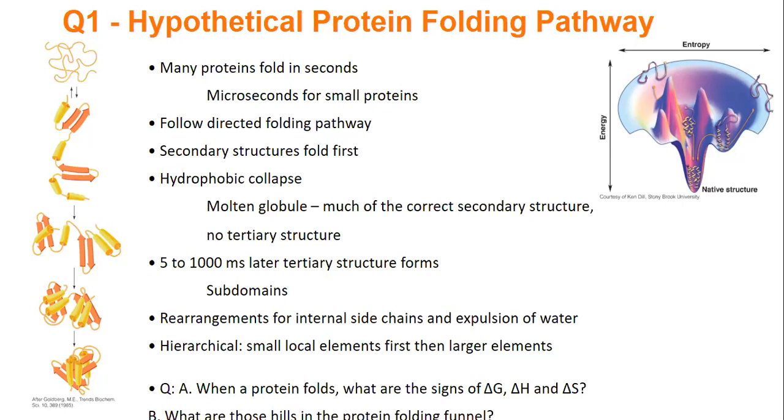So I have to break these favorable interactions so my protein can rearrange and go to the global energy minimum. Any other questions? Yeah, a button-up shirt's actually a good analogy for protein folding.